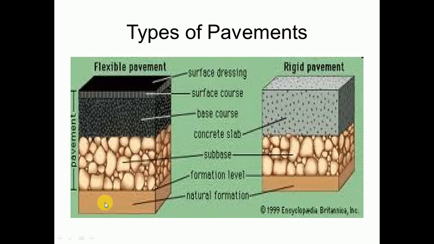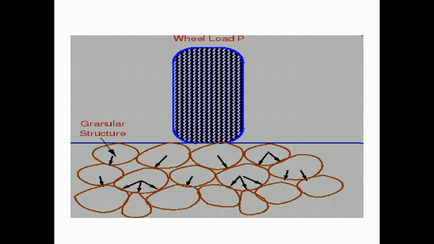In rigid pavement, the lowermost layer is subgrade, then base course and wearing course. It means the number of layers in rigid pavements is less compared to flexible pavement, because here the strength of the cement concrete slab is more compared to the bituminous material. So this is a cross section of the flexible pavement and the rigid pavement.